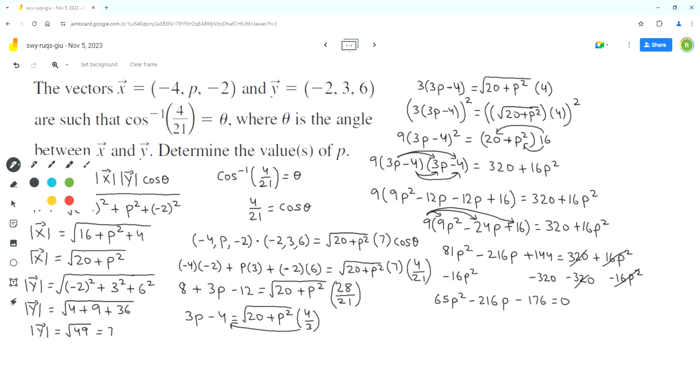So we can start by writing the quadratic formula. So I'll start on this left side here. So the A value is 65, B is negative 216, and C is negative 176.